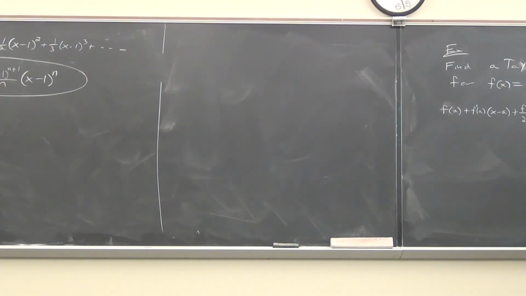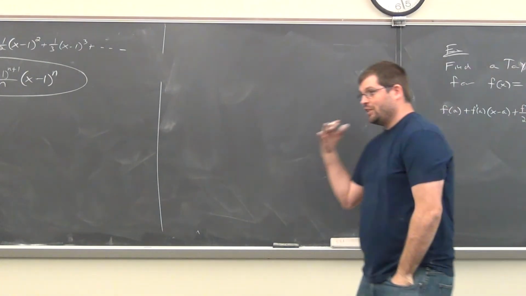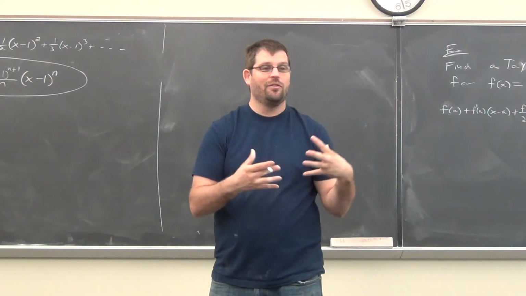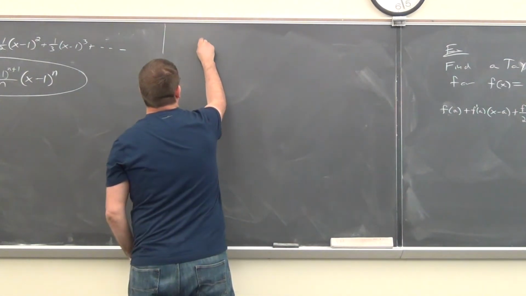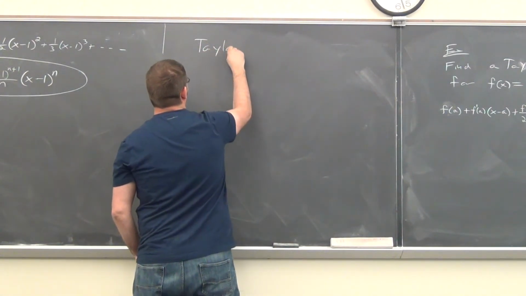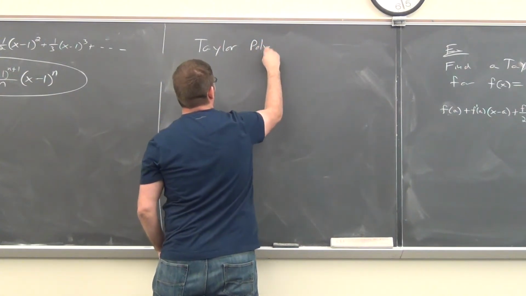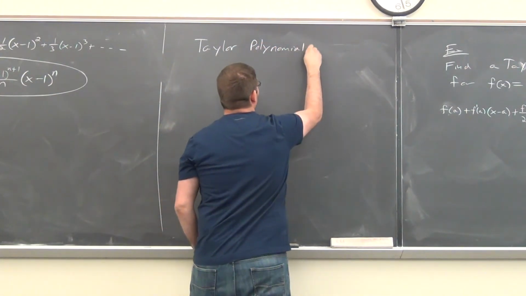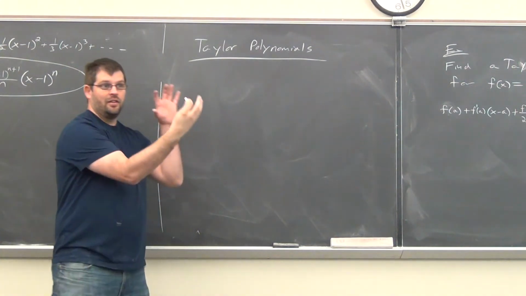So even though computers are really powerful, it's still valuable to be able to approximate functions by things. And so the Taylor polynomial of the function is just the truncated series.